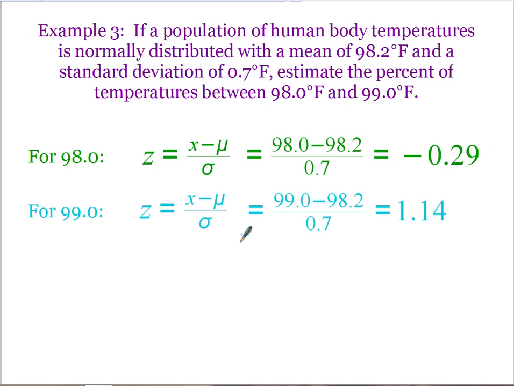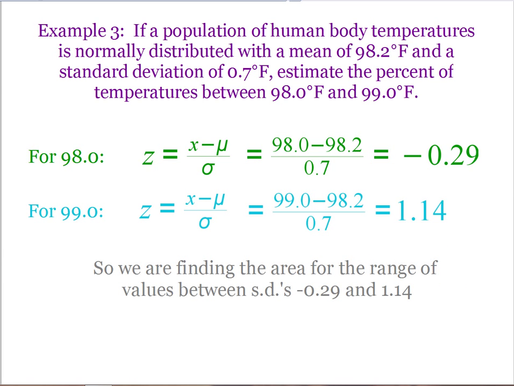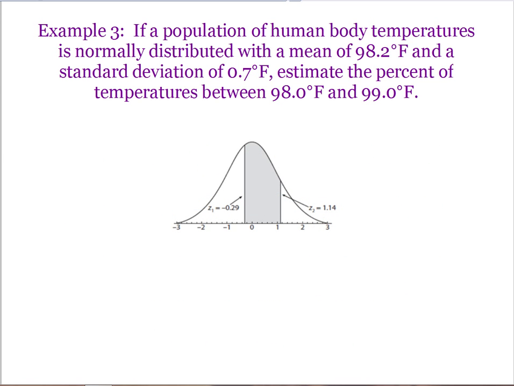So I'm looking, on my normal curve, for the percent of data between negative 0.29, which would be about there, this is my mean here in the middle, and 1.14 standard deviations. So I'm looking for the percent in here. Here's my shaded area, right? I'm looking for the area in gray.